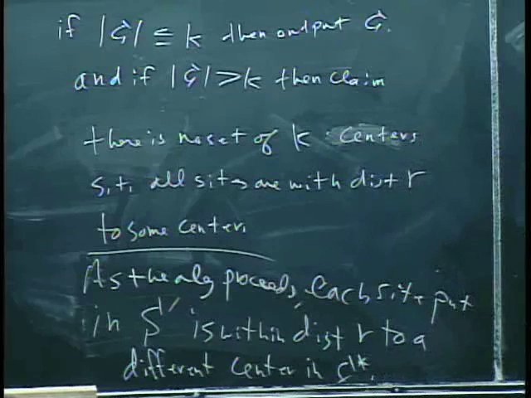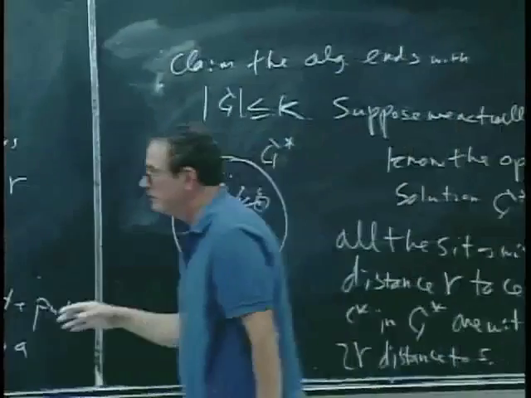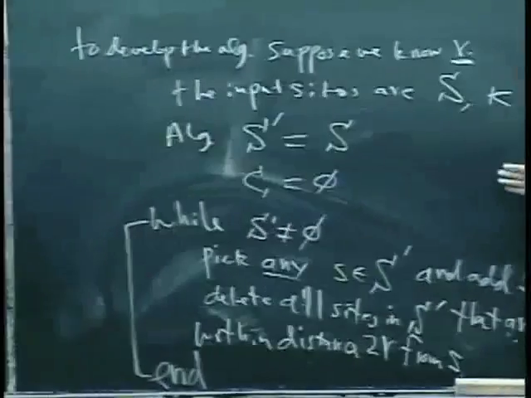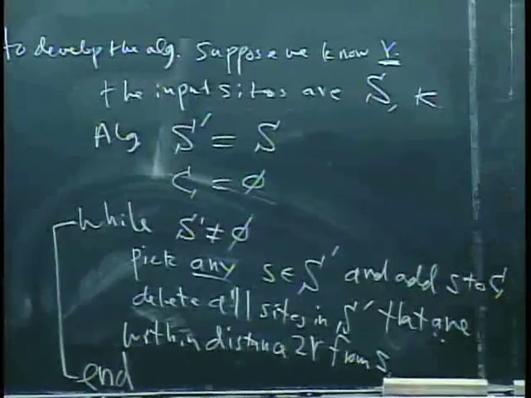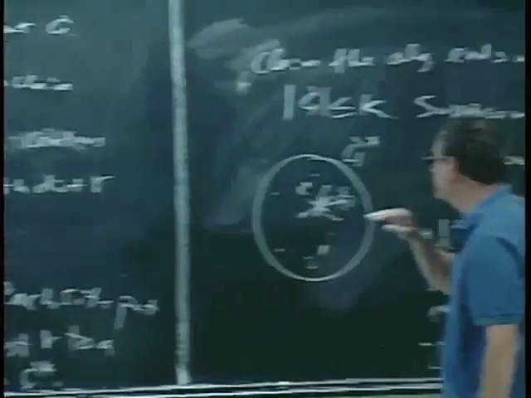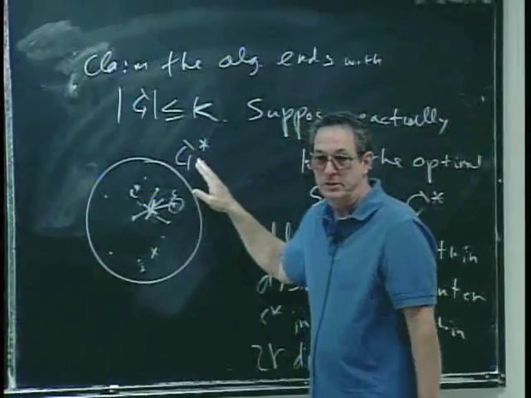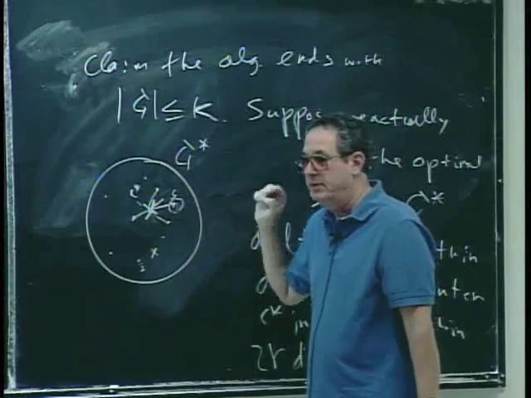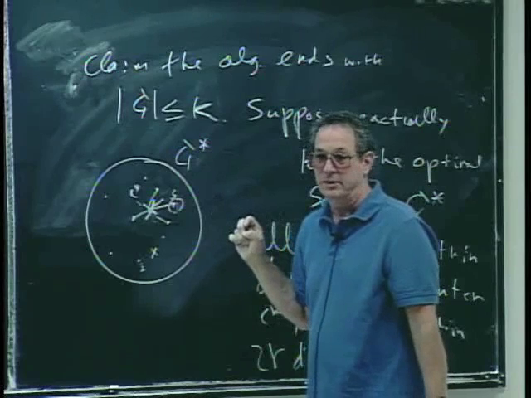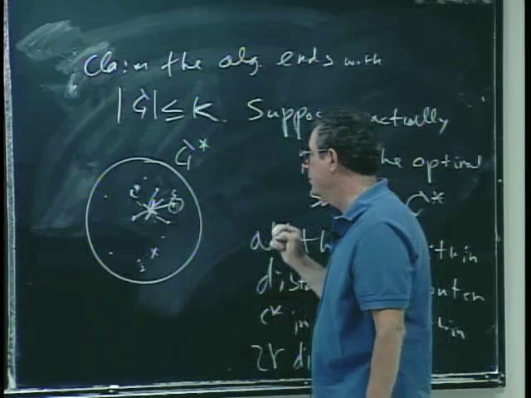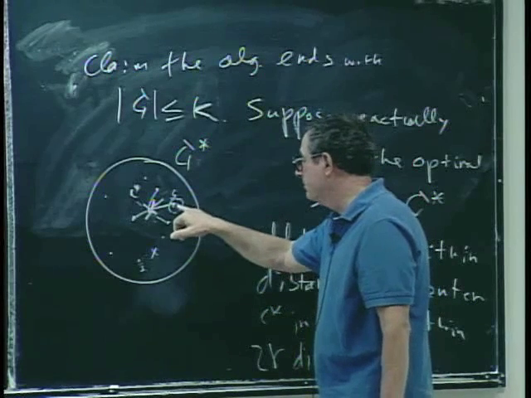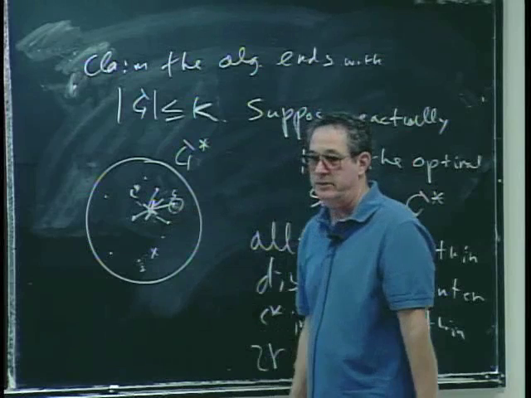So we're mapping every site that's selected to be a center by the algorithm to one of the centers in the optimal solution. And they're each mapped to different centers. Okay? That being true, how many centers does the algorithm select?